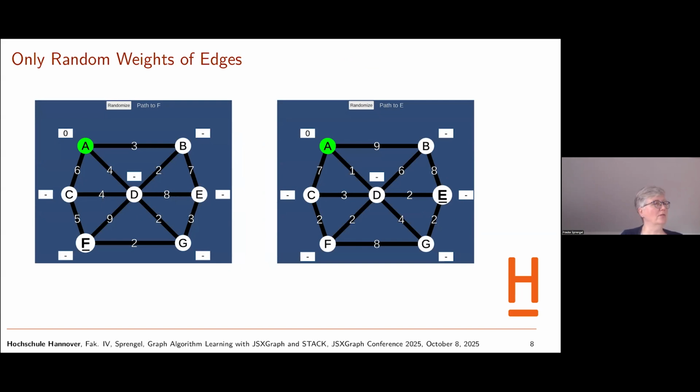And they also had something that is strange to mathematicians. They made the algorithms' way unique. So if you have more than one possibility, take the way to the vertex which is first in the alphabet. Of course you can make things unique, but maybe this is not what we want when we check things with Stack.